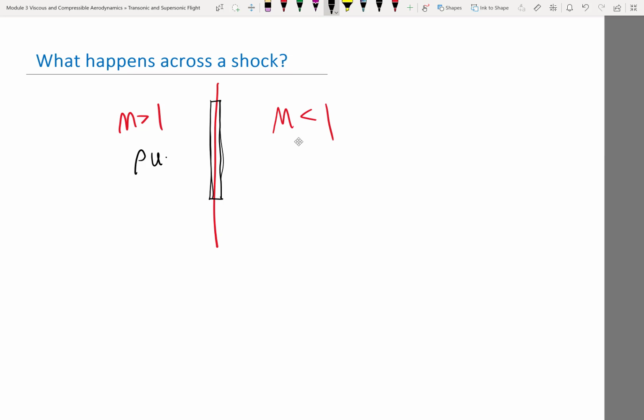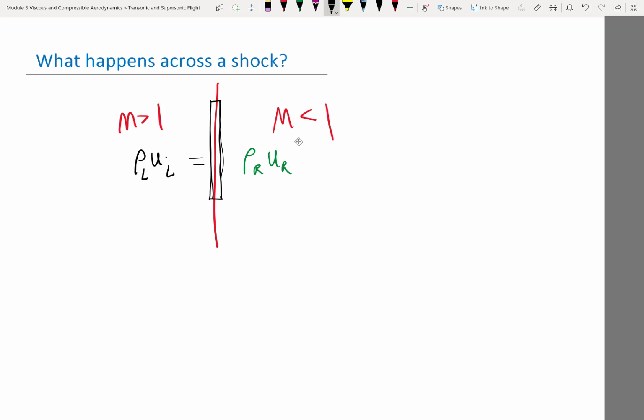By drawing a very thin control volume, the area barely changes, so the area is the same on the left and on the right. So rho L u L has to equal rho R u R. That's conservation of mass. We are taking advantage of the control volume being very thin and the area being the same.